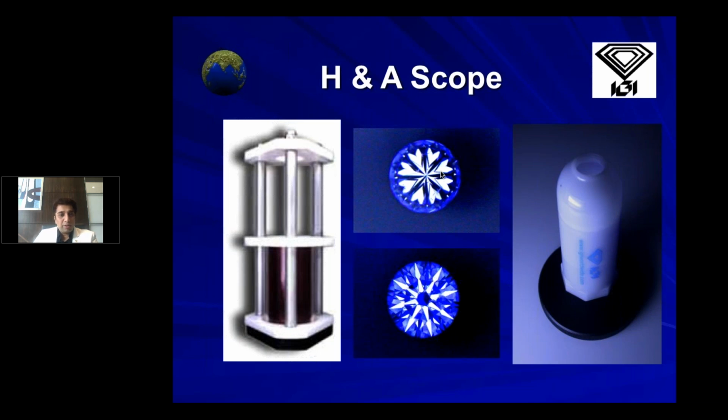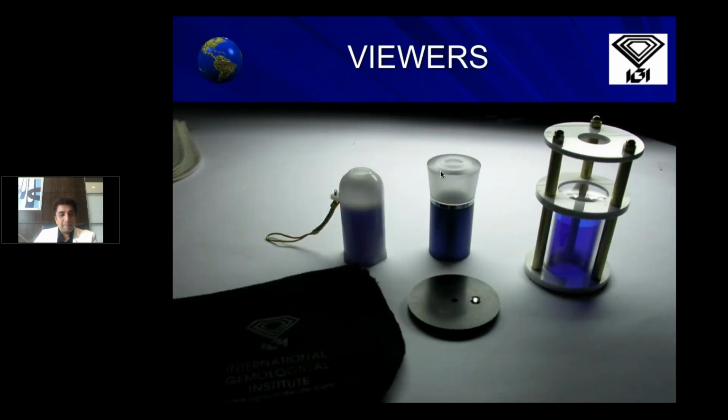Using these viewers, which come in different types, the smaller one that you notice on the left is for diamonds which are primarily below 50 points. Then you have a little larger one for bigger sizes, a carat above. And then you have a larger one for 2-3 carats above. So the sizes are relative to the size of the diamonds.